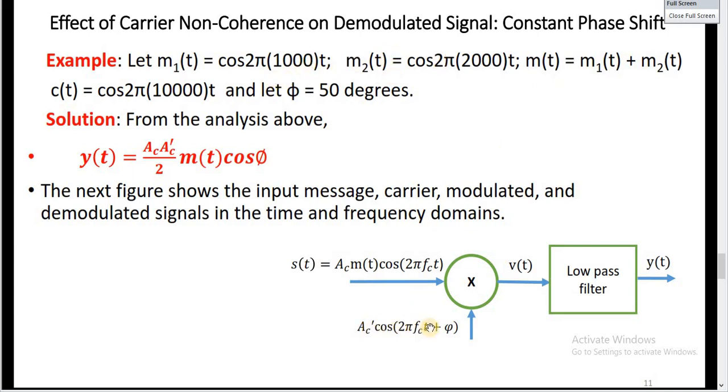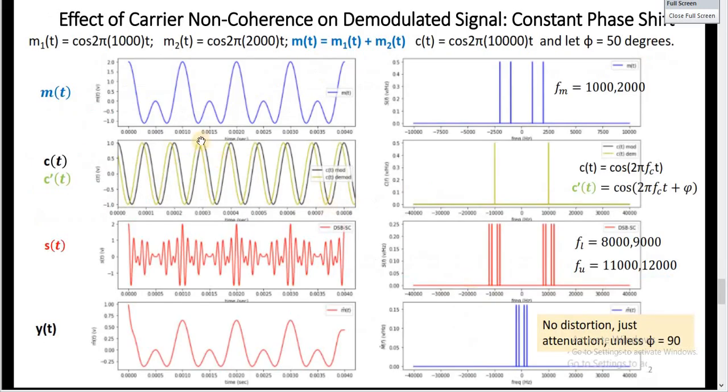This is the locally generated carrier with phi equal 50 degrees and the frequency equal 10 kilohertz. m1 of t equal cosine 2 pi 1000 t, m2 of t equal cosine 2 pi 2000 t, and m of t equal m1 plus m2. So this figure here is our message signal m1 plus m2.